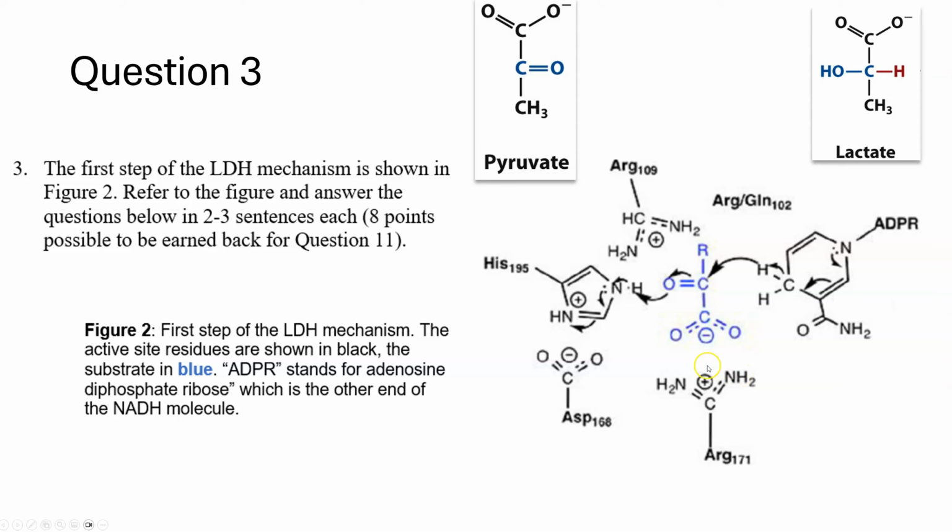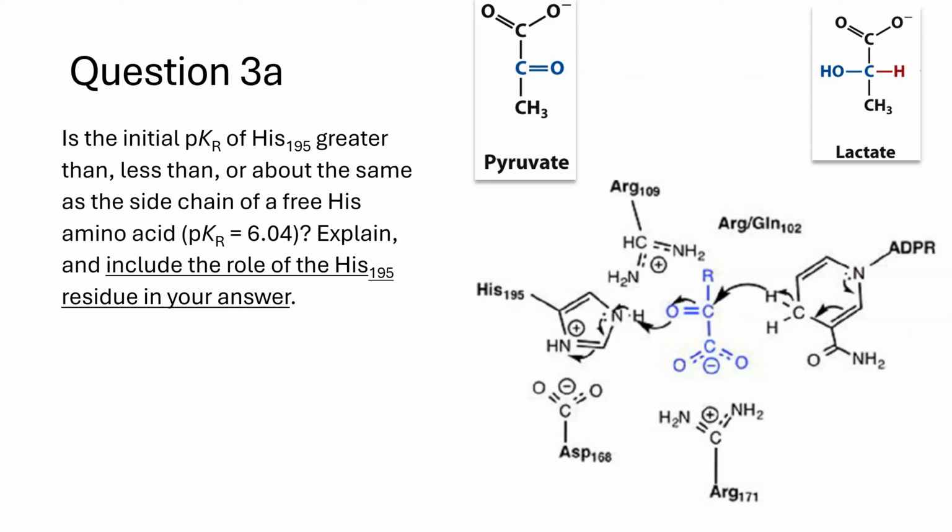We do see that we have aspartate and arginine, another arginine over here, and there's also either an Arg or a Gln, depending on which species of LDH you're looking at. But I didn't draw, or the artist didn't draw, the structure of that, and I didn't ask you about that in the question. So again, think about where you are and where you're going.